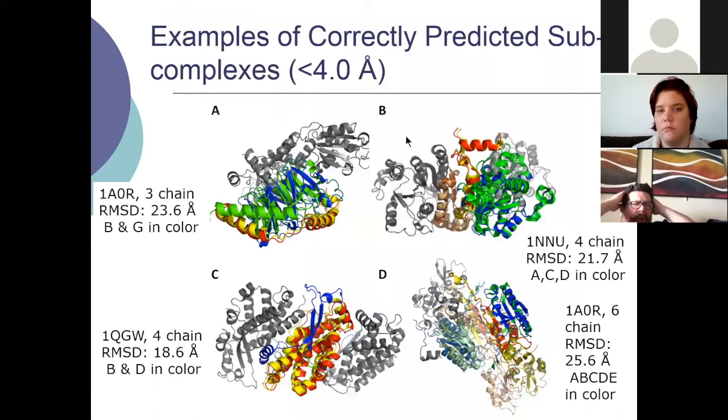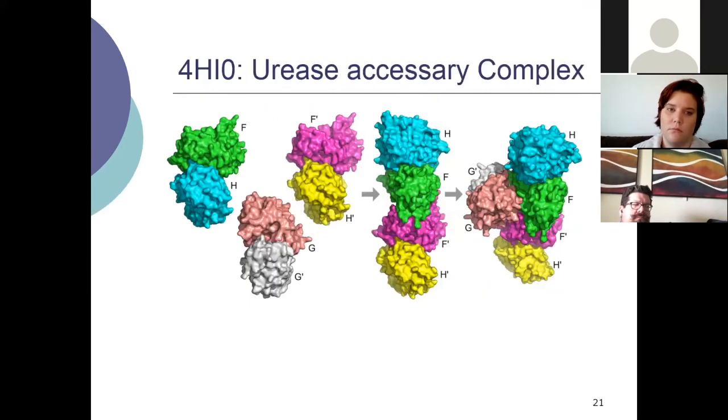Okay, later. These are some examples of multiple protein complexes. I can probably skip here. This is about docking order. For example, this urease accessory complex has 6 chains.